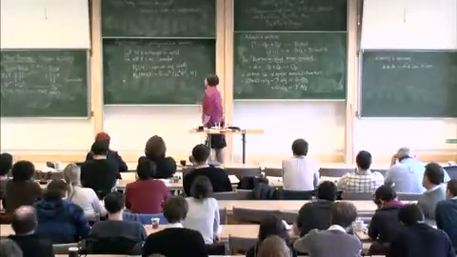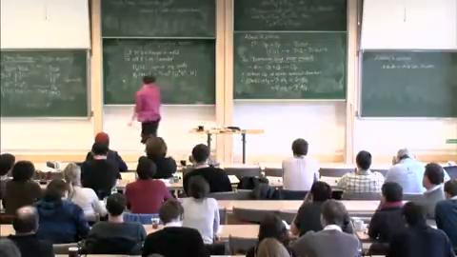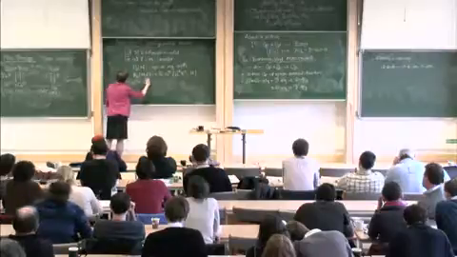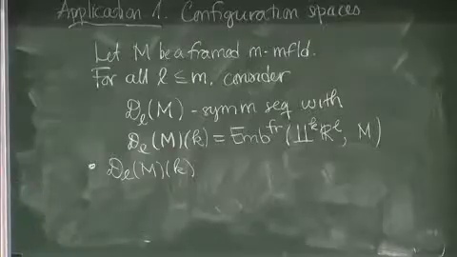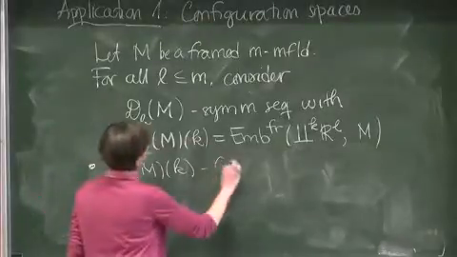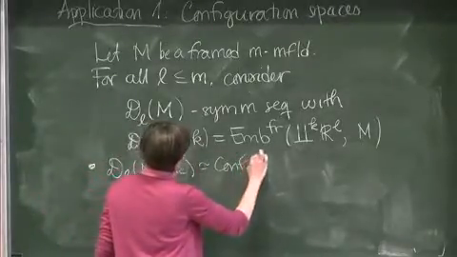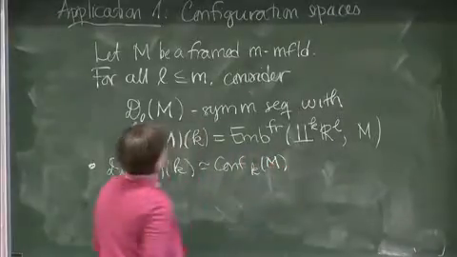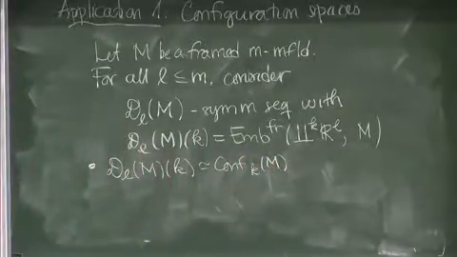So why in the world did I talk about configuration spaces here? This thing has the homotopy type of the configuration space of k points in M. This is telling us that it has the right homotopy type for configuration spaces.